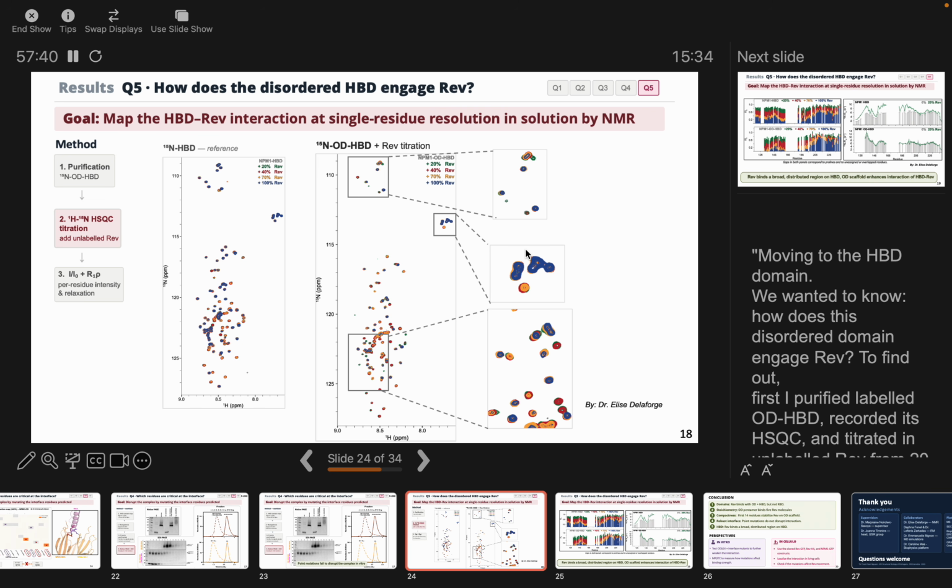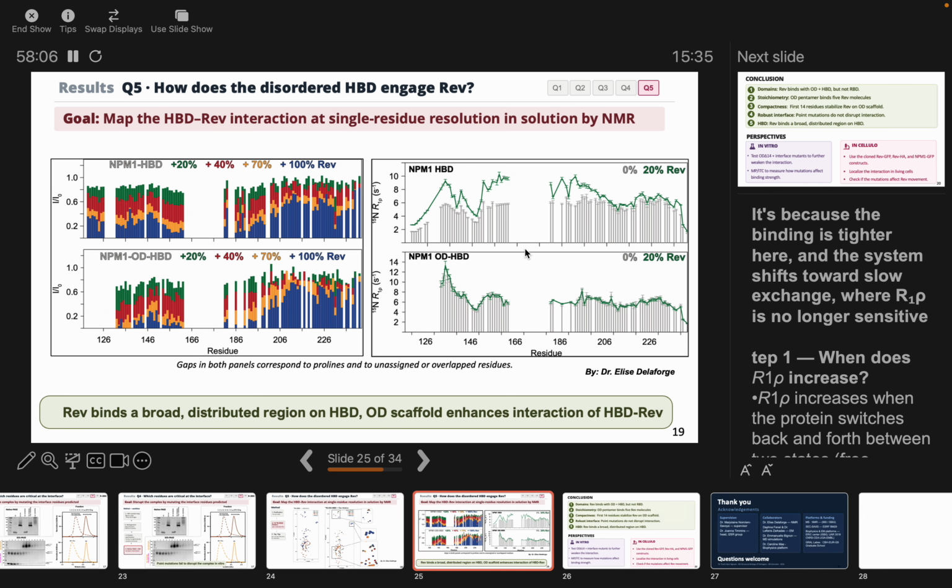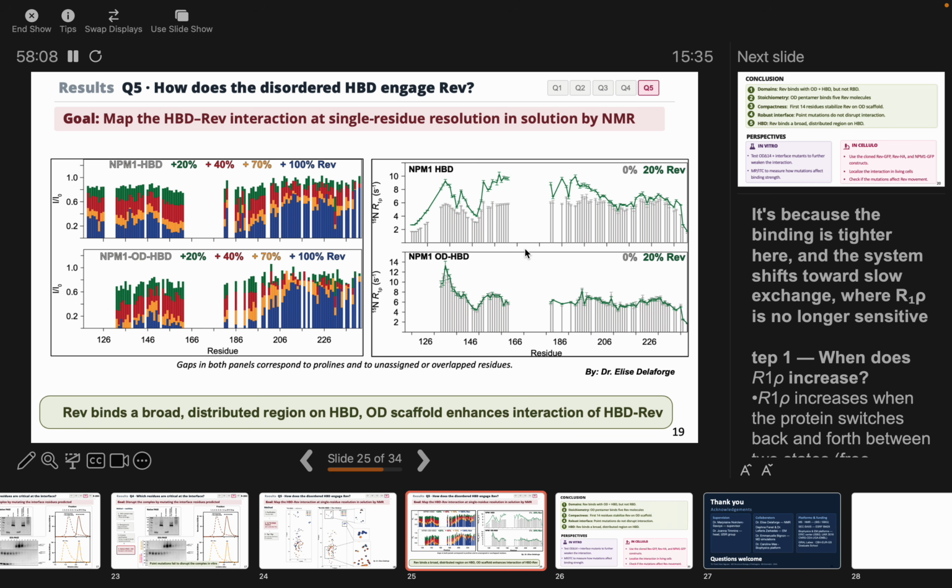We know that this part is moving, so it seems to be involved in the interaction, but we cannot really know which peak is from which residue in a specific sequence. So the ID seems to be more here.